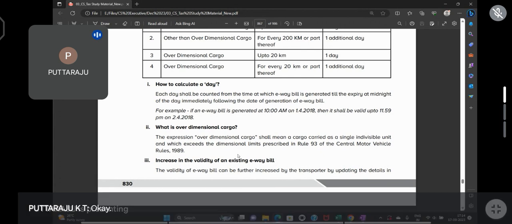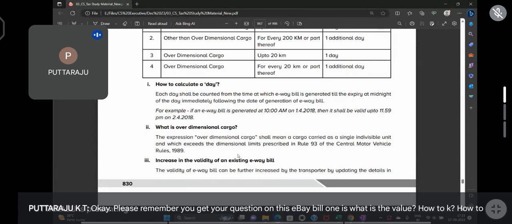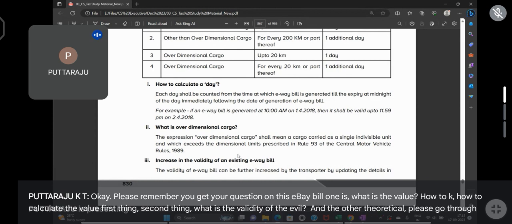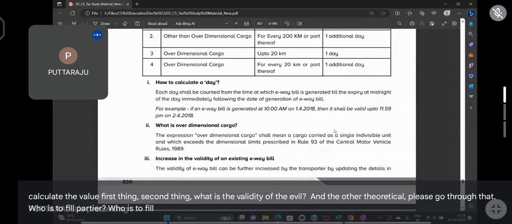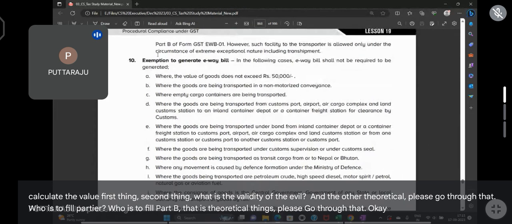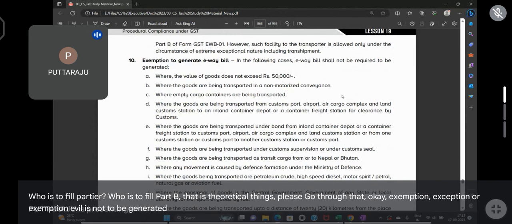Okay. Please remember, you get questions on this e-way bill. One is, what is the value and how to calculate the value. Second, what is the validity of the e-way bill. And the other theoretical parts, please go through that: who is to fill Part A, who is to fill Part B. Then exemptions: an e-way bill is not to be generated where the conveyance has no motor.